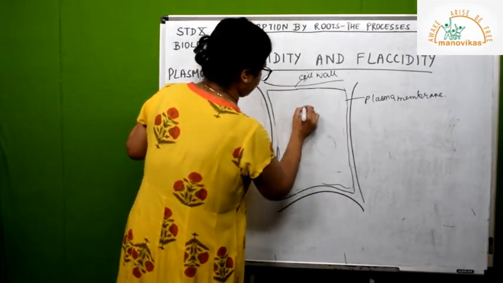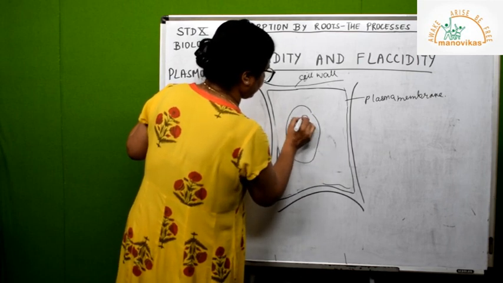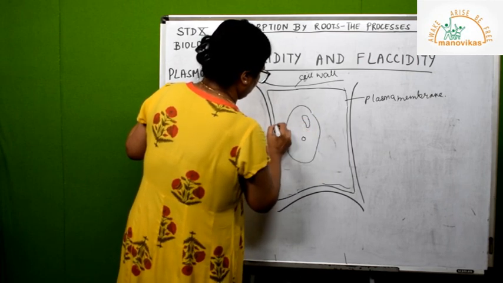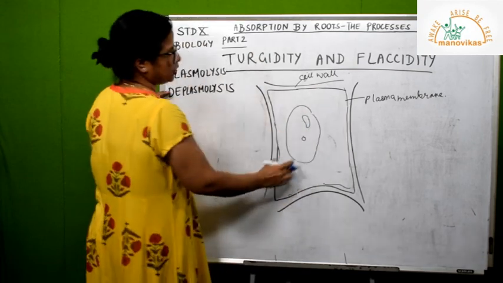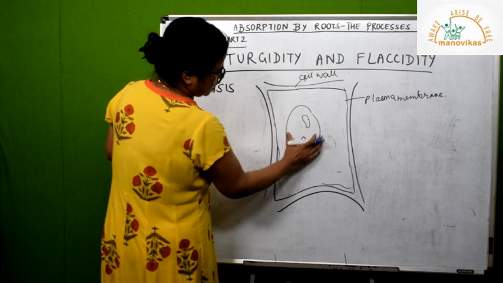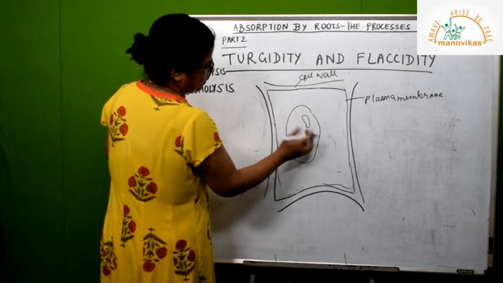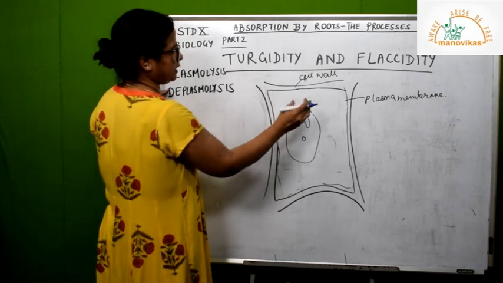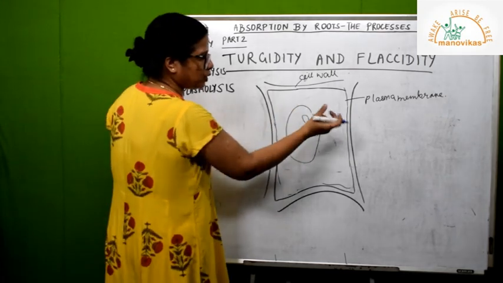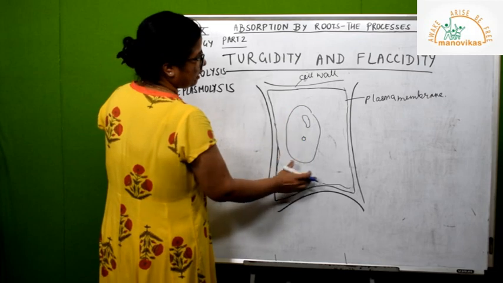These contents have completely shrunk, the vacuole is hardly there, and it has completely separated itself from the wall. So it is said to be in a flaccid state. It will become soft and shrunk, in a flaccid state.